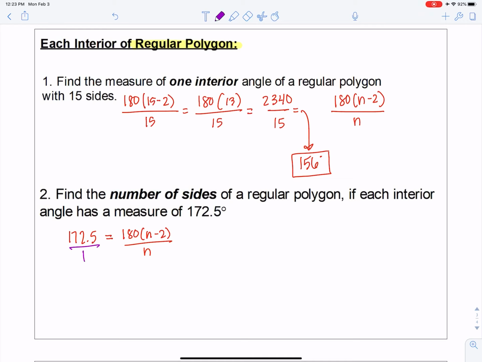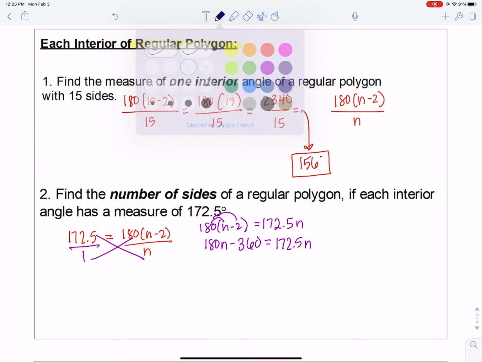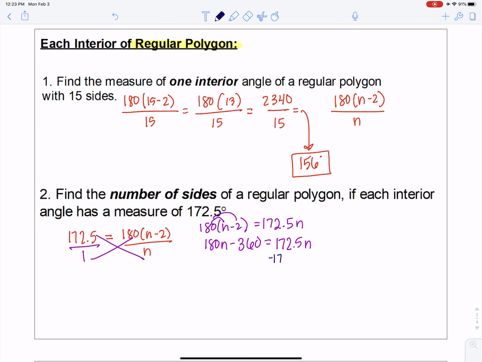We're going to cross multiply. So I get 180 times n minus 2 is equal to 172.5n. Now I'm going to distribute the 180 into my parentheses. So I have 180n minus 360 is equal to 172.5n. Now I can combine like terms. So I'm going to subtract 172.5n.